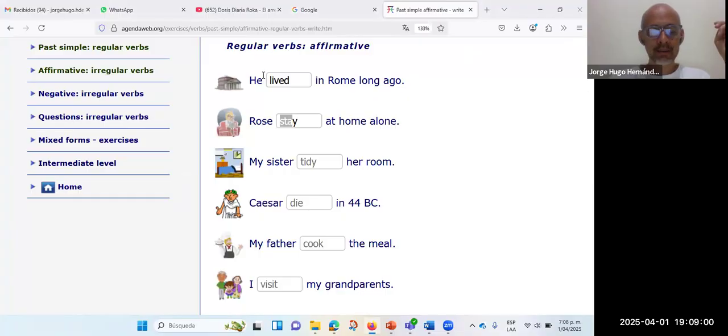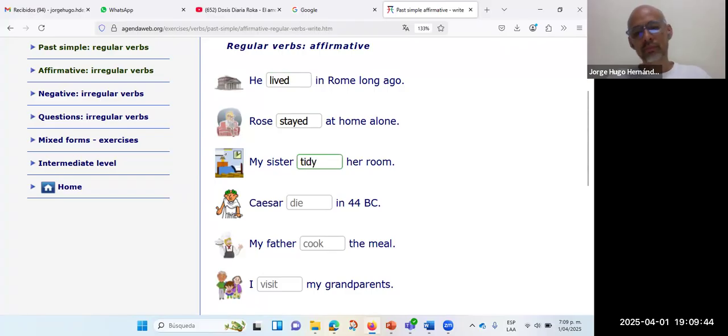Lucenit wrote stay like this, but that's not correct. Anyone knows what is the past of this verb? Stayed, says Maria Moreno. Juliana says stayed, that's the correct one. Stay, present, stayed, past.